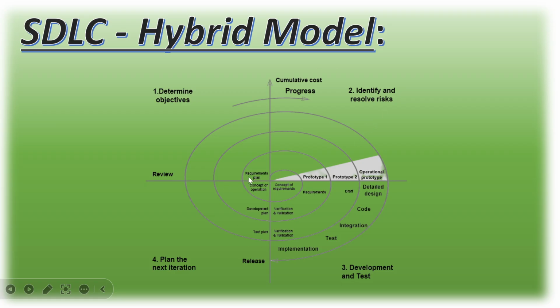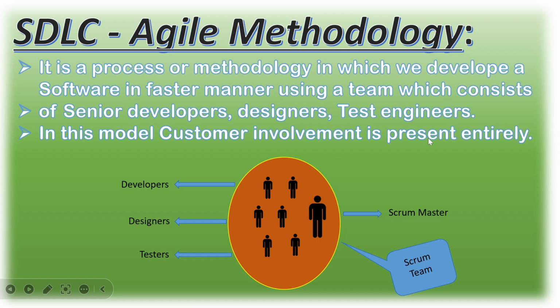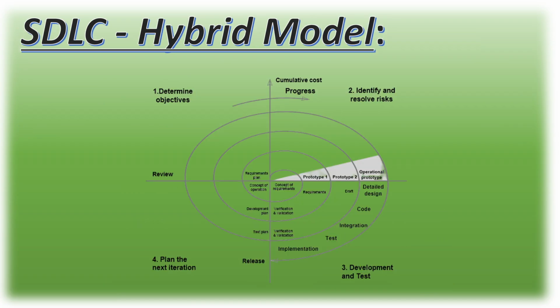Suppose we start with requirement analysis, then prototype development, then development and test, then plan for the next iteration, then review. Likewise module A, module B, module C, module D, each of them. So here we have combined both spiral and prototype model. That is why it is called hybrid model.